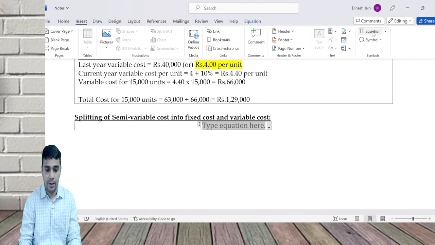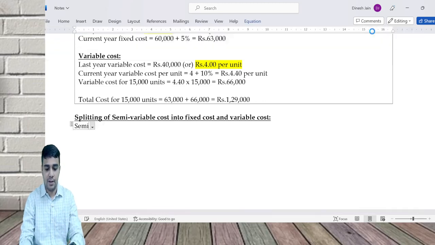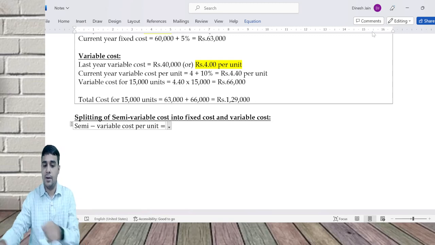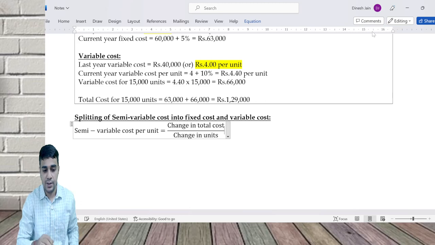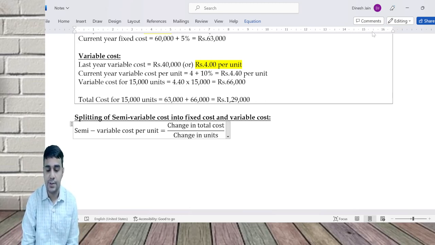You can first write the formula. Semi-variable cost per unit is equal to change in total cost divided by change in units. This is another golden rule which we have to follow. Like you have your golden rules of accounting, these are like golden rules of costing.